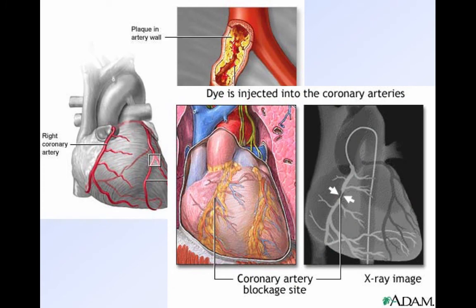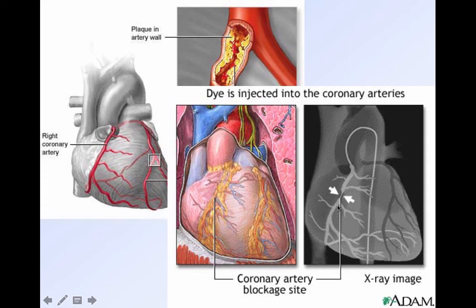And what we do is we actually feed a catheter up through the aorta. It's coming through the aorta and around to the base of the aorta. And then what we do while we're x-raying the heart is we actually release some dye that moves through the coronary arteries.